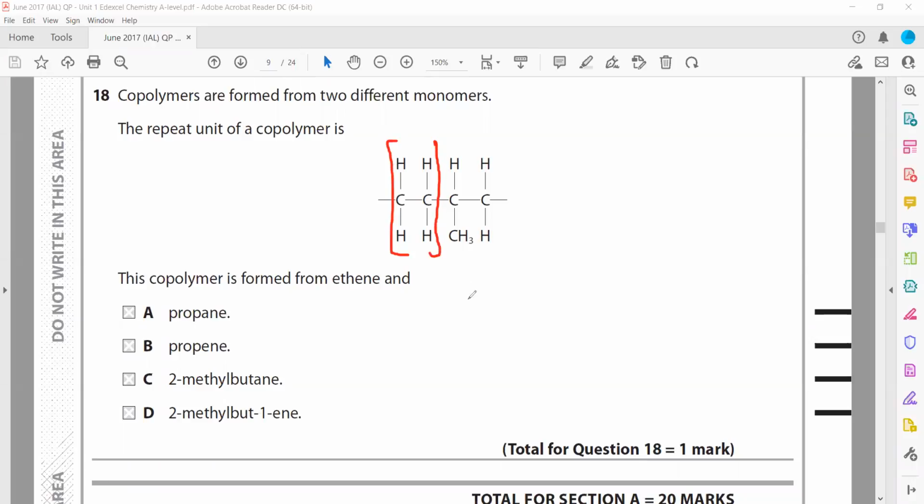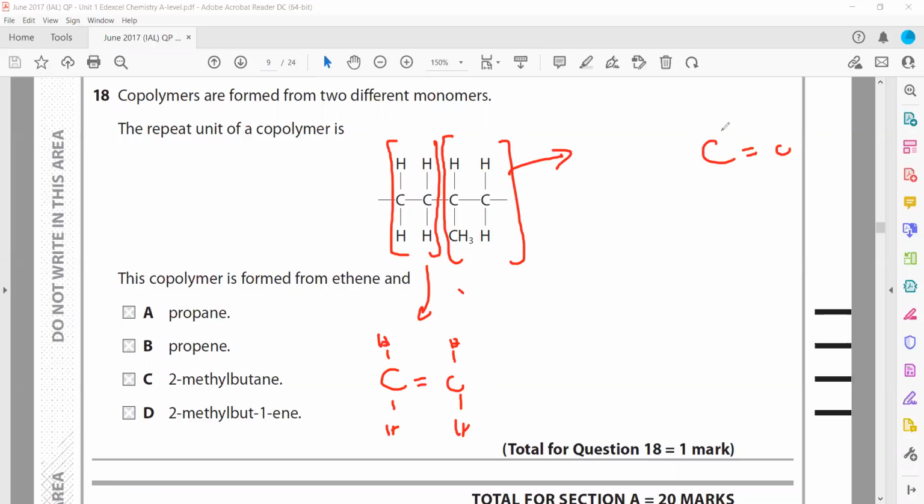One of the molecules is ethene, and the other molecule has hydrogen, CH3, H and H. So what is this compound? 1, 2, 3, three carbons, so propene will be there. So B will be the right answer.